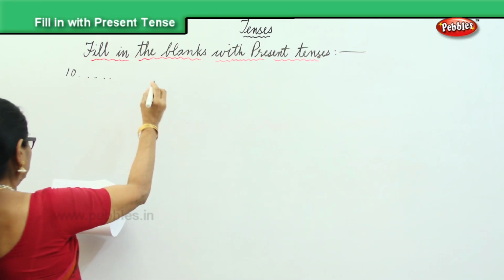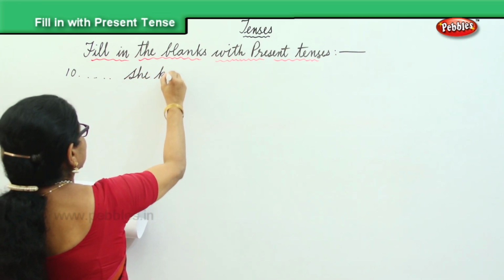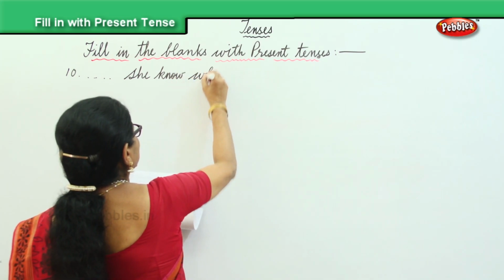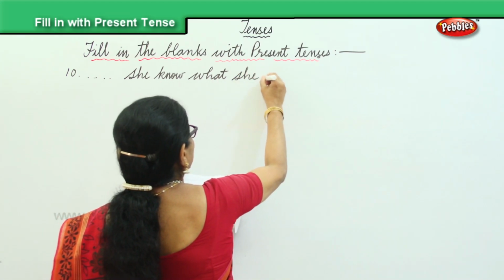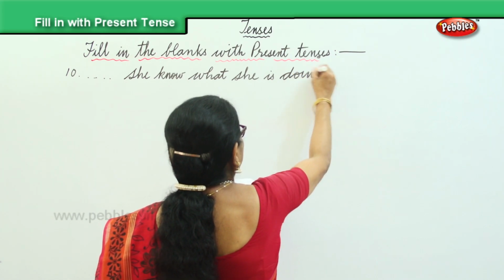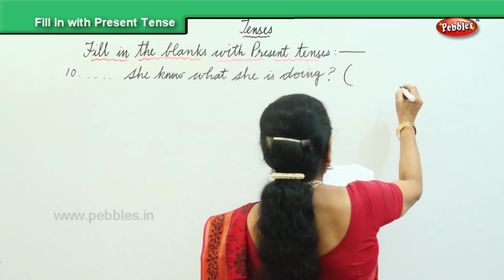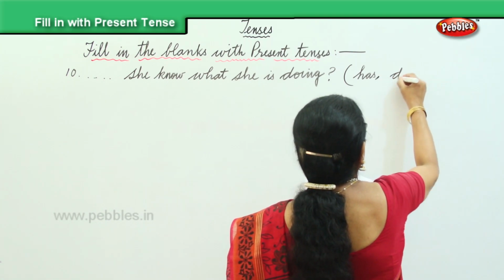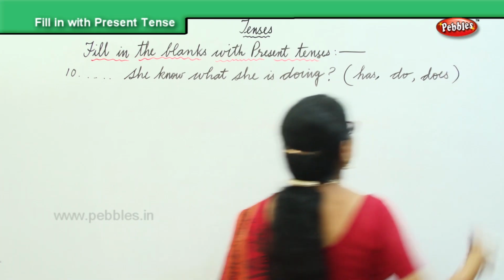Does she know what she is doing? And the verbs are has, do, and does, to choose from.